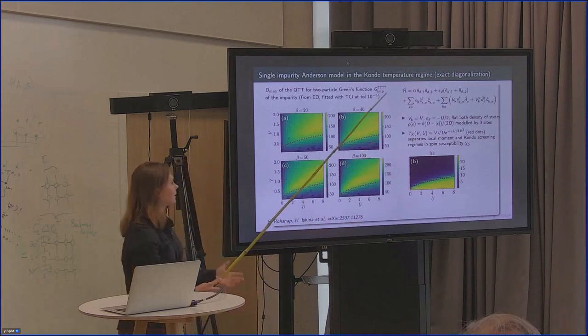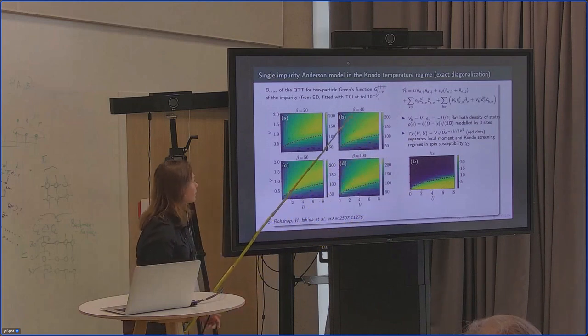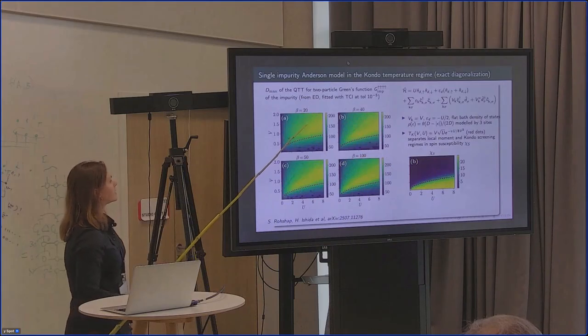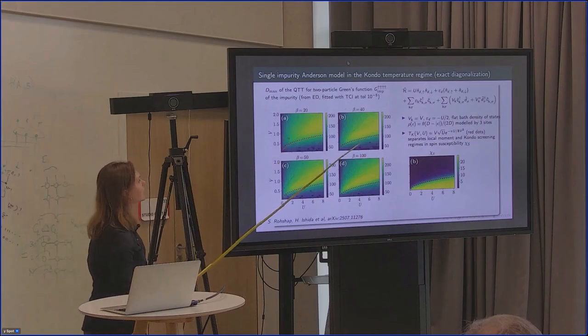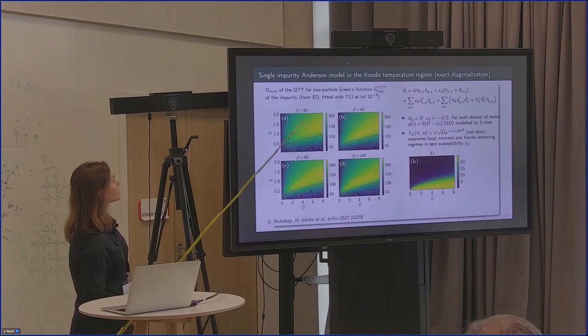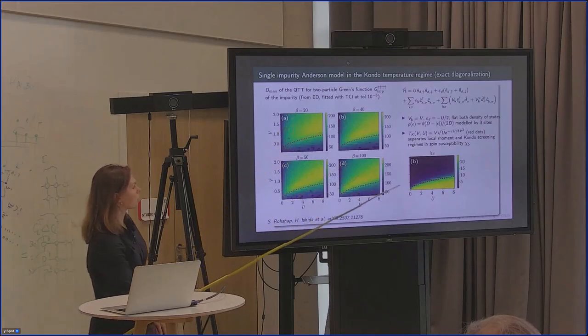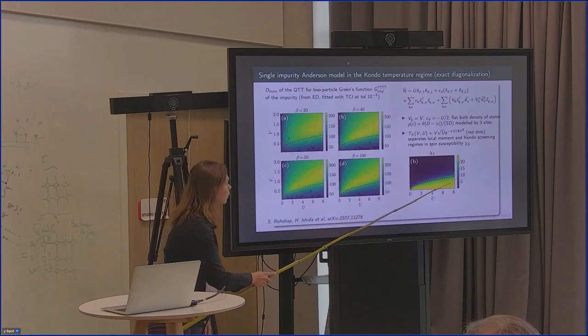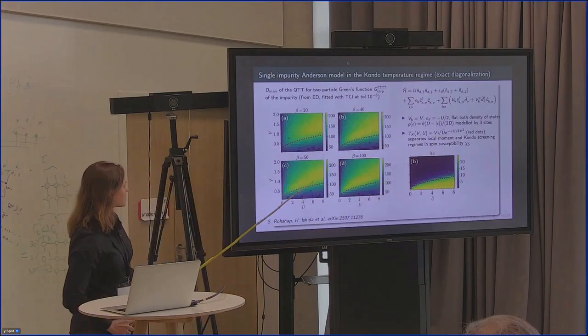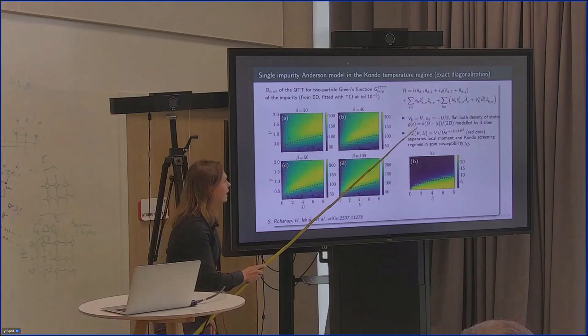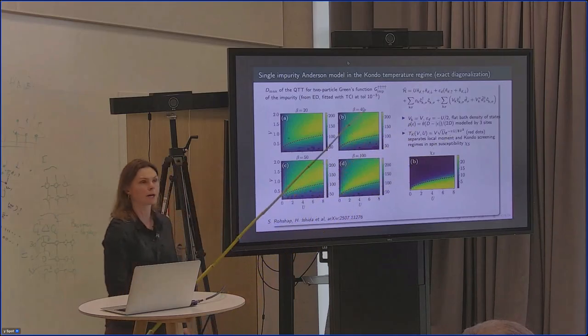Now in the bond dimension, what we see is that the bond dimension does not really grow with temperature, but it grows if we are getting near the boundary between the Kondo screening and the local moment regime. This red dotted curve is actually an analytic prediction for where this regime happens.